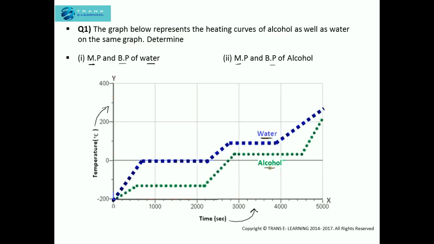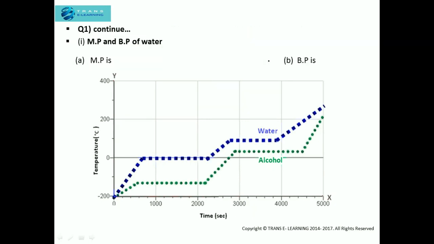So we have two questions. First of all, we'll try to find out the melting and the boiling point of water, and then we'll find the melting and the boiling point of alcohol. So the foremost step is to analyze the graph. As the graph is starting from here, in case of water, we will have solid here. That means ice here.